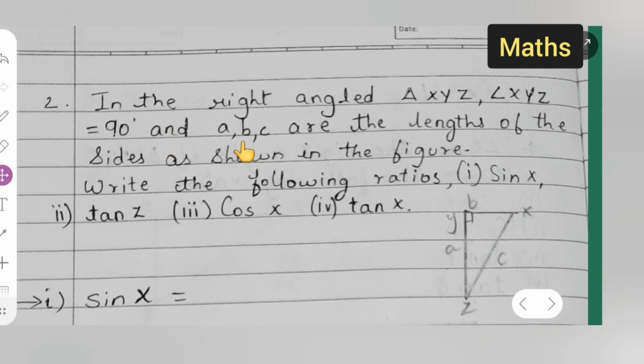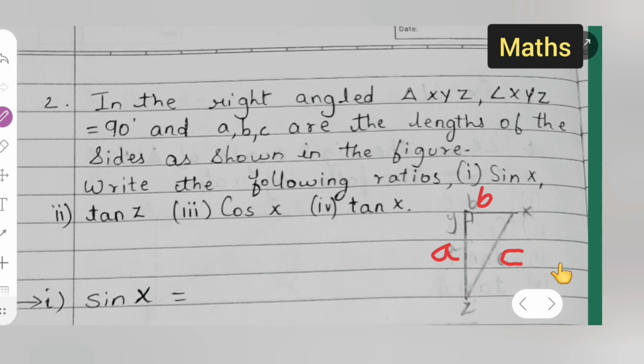And a, b, c are the lengths of the sides as shown in the figure. This portion is b, this portion is a, and this portion is c.